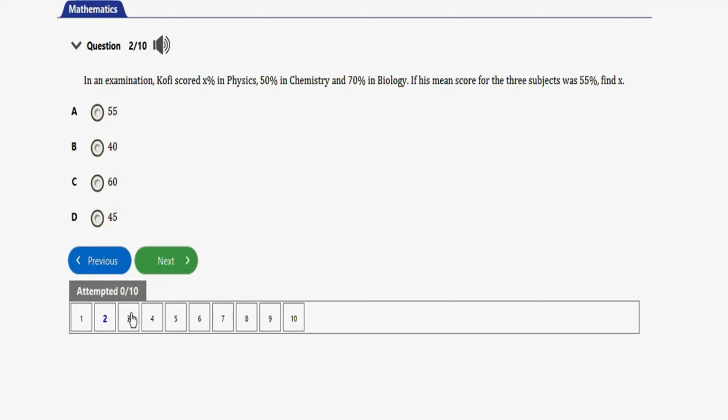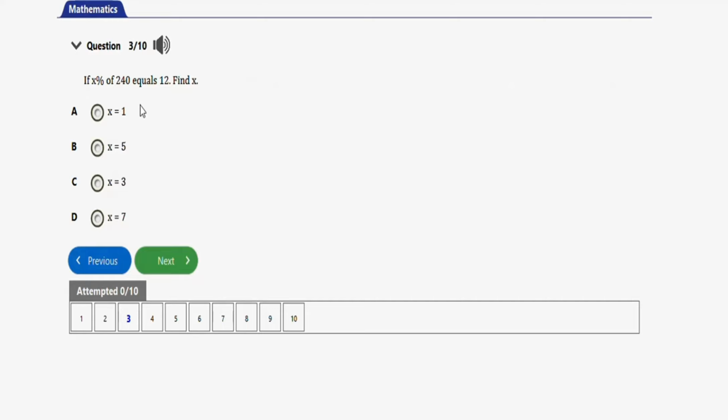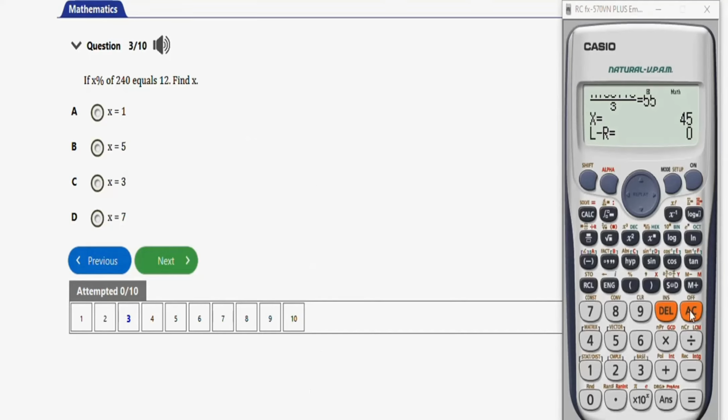Next question will be this one. It says, if x% of 240 equals 12, find x. We have solved a similar question like this, which was question 1. Let's still solve this question. Very simple. It will be x% of 240, that is x over 100 times 240 equals 12.